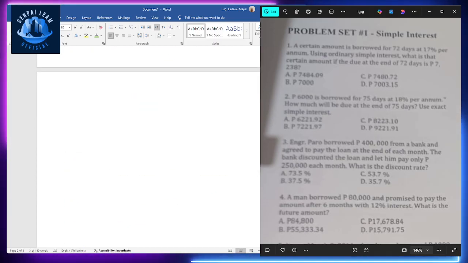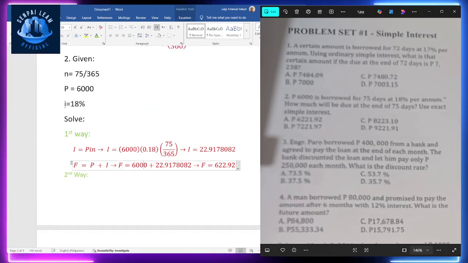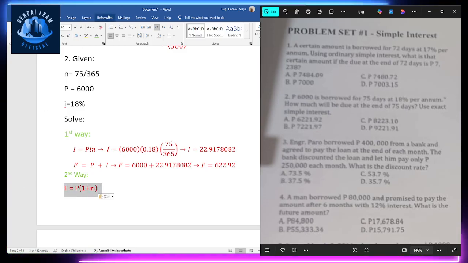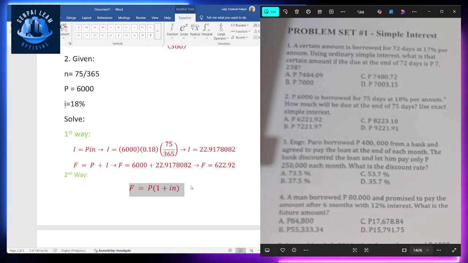This is easier compared to the first. Just do the equation form here.